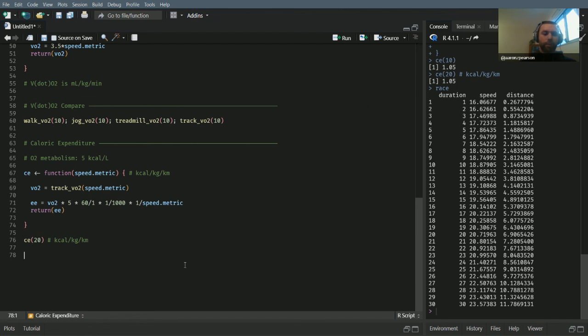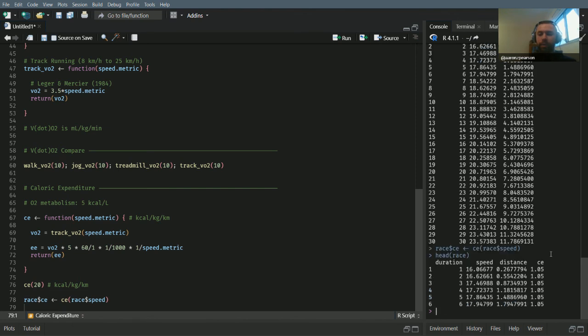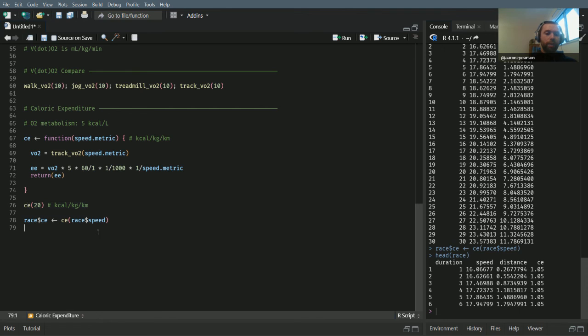So now what we're going to do is create a caloric expenditure column, and we're just going to use CE, the formula that we used, race, our race data set, and then multiply that by the speed. And we can look at our progress here. So now we have CE, which is 1.05, which is exactly what we figured out right there.